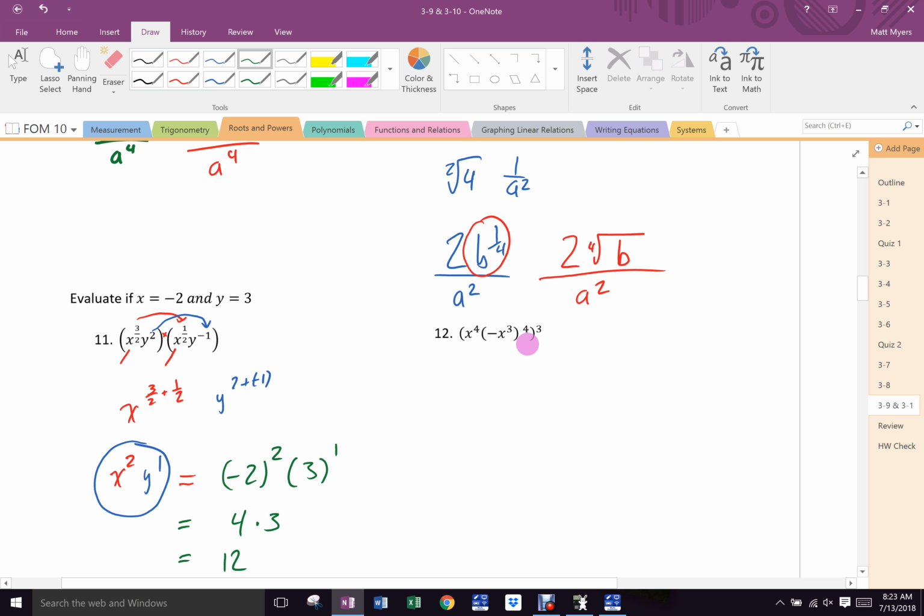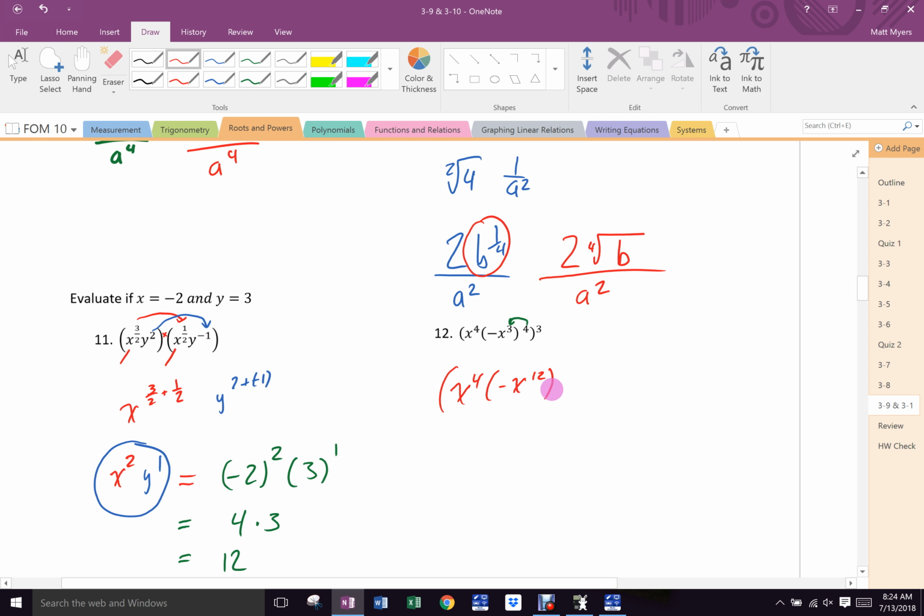So knowing what I just told you, what should I do now? Simplify first. Now this one's really tricky. Because I got to simplify that first, don't I? So that gives me x to the 4th times negative x to what power?